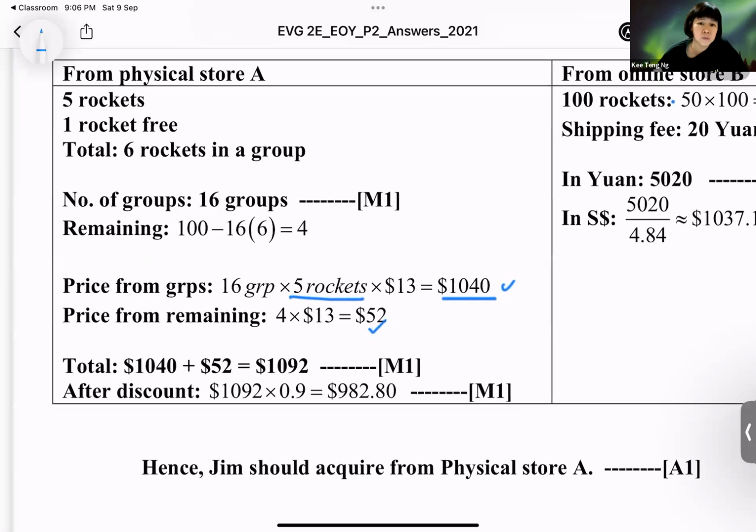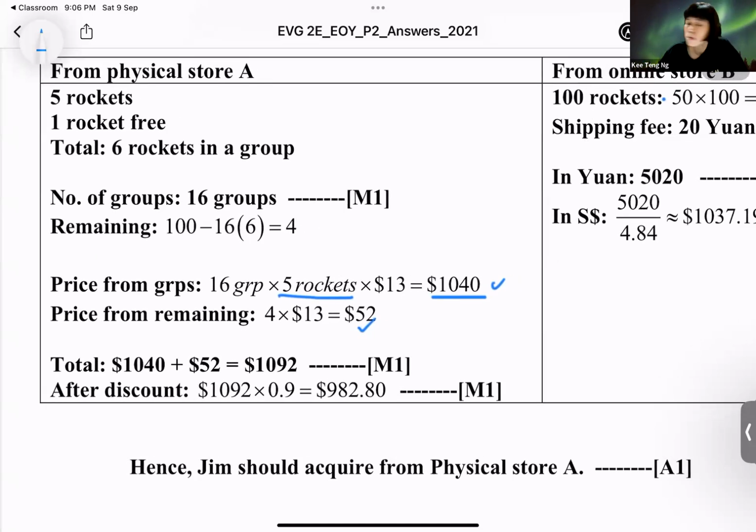Please, during your exam, your teacher won't know what your numbers mean if you just write numbers. Please write a description to explain what number you are actually calculating.